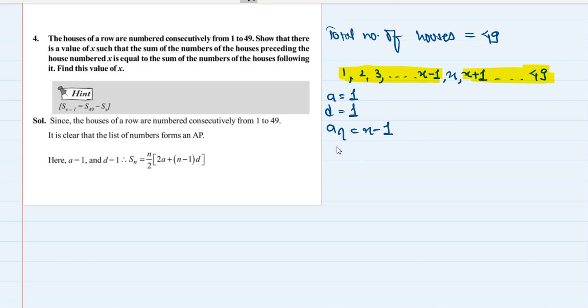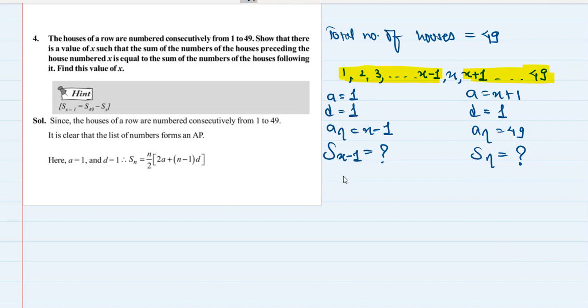So we can find the value of n in terms of x, and we also have to find the sum of n terms. Here the first term is x plus 1, the common difference is again 1, the nth term is 49, so we have to find n in terms of x, and also the sum of n terms. And these two sums are equal to each other. That's what they are saying.